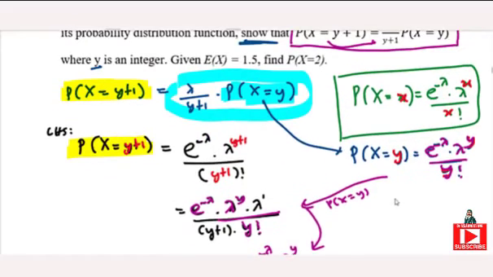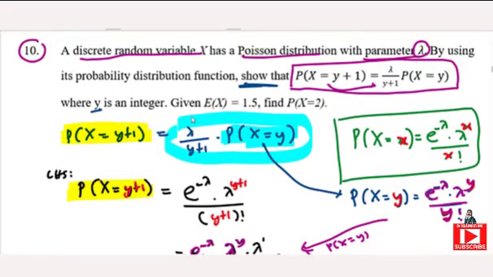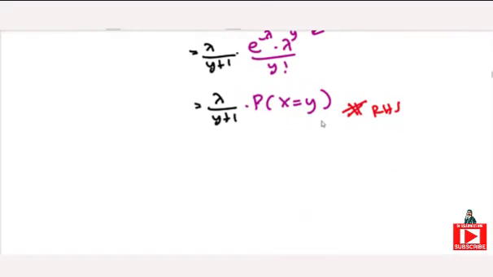Okay, for the second part, E(X) is equal to 1.5. Find P(X = 2).